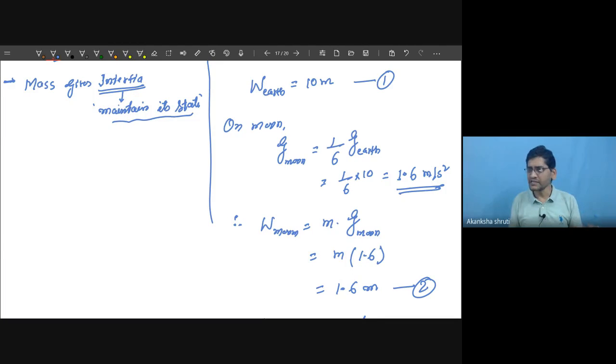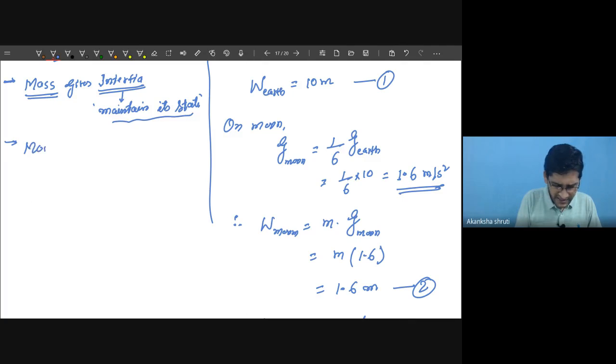So more the mass, more the tendency to remain at rest. Even this is also true for a moving body. You are observing that if a bicycle is coming with a certain speed, you can stop it with your hand. But with the same speed, if a bus or car is coming, can you stop it? No. Why? Because its mass is more, it has more tendency to maintain its speed. So mass gives inertia.